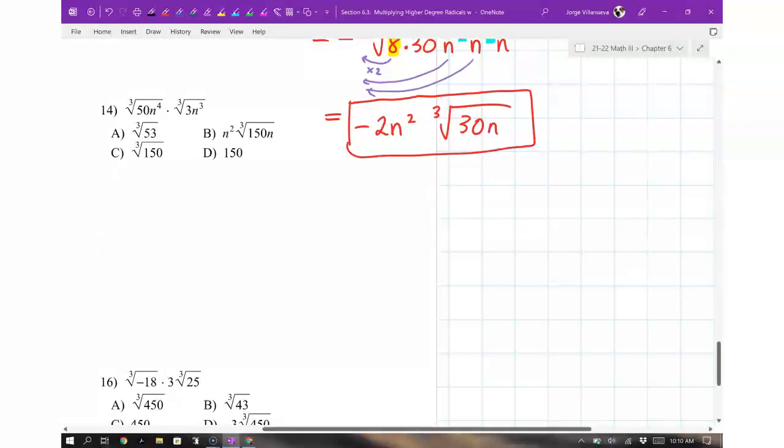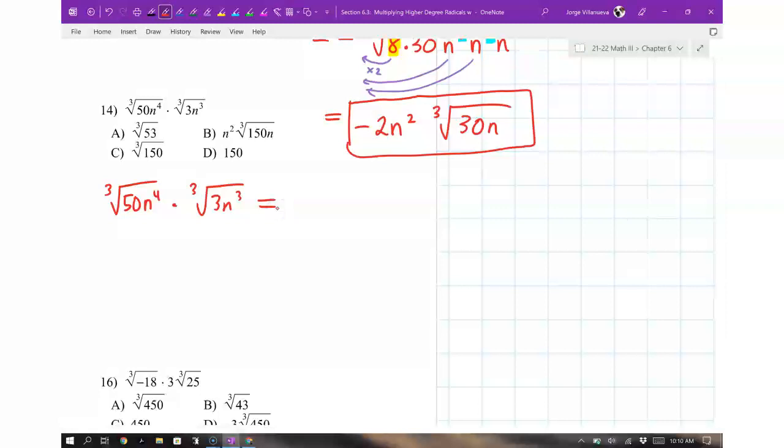All right, so for number 14, cube root of 50n to the fourth times cube root of 3n cubed. Okay, so let's multiply this out. Cube root of 50 times 3 is 150.